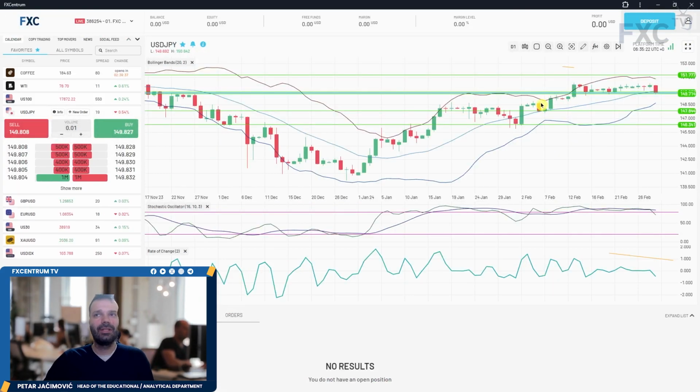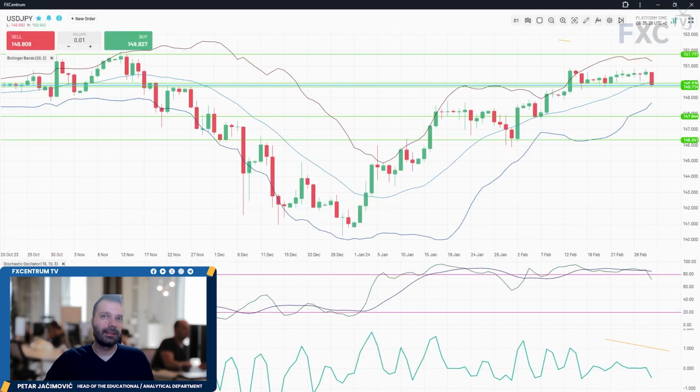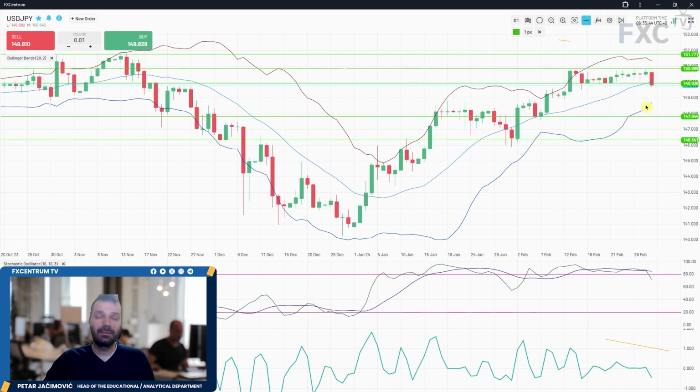And now the USD Japanese yen. This is a market that we'll cover today as a trading idea, so we'll not speak too much about it while we are covering all markets. But there is a good trading idea for the USD Japanese yen, and stay tuned because I will speak more about this. For now, I will just say that the market is breaking an almost 2-week consolidation, and we have bearish divergences in the background.